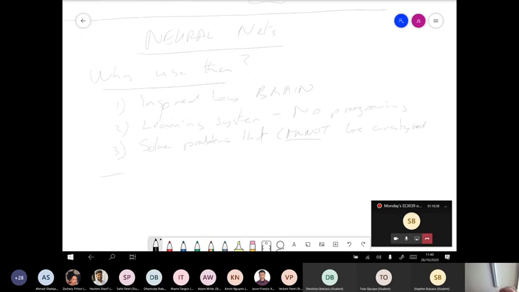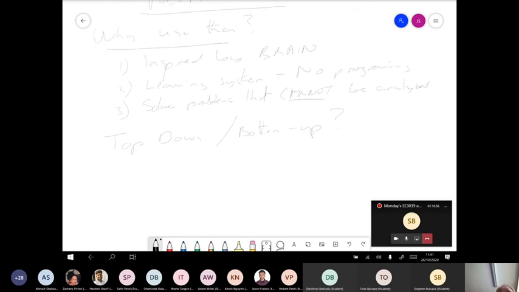Now, in trying to find out how the brain works, top down versus bottom up. And the question is, which approach? Now, neuroscientists are firmly set in the top-down approach. They will take a brain, put it in their scanners.